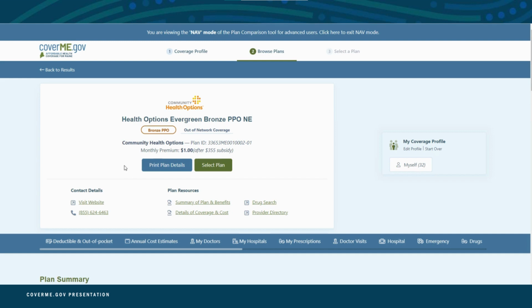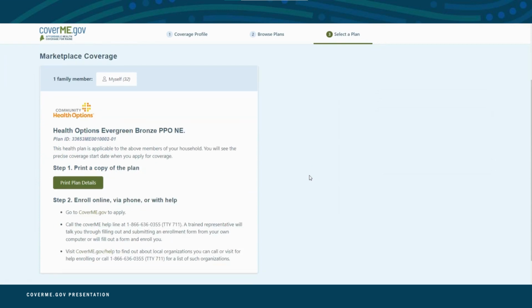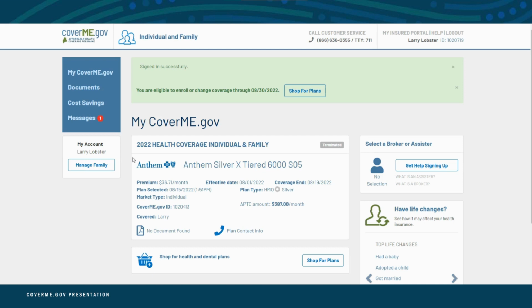When a consumer goes to select a plan, a message will pop up letting them know they will need to log into their CoverME.gov account and to write down the plan information before continuing. In addition to using the Plan Compare tool anonymously without logging into a CoverME.gov account, once a consumer has submitted an application, the tool can be accessed while logged into their account.